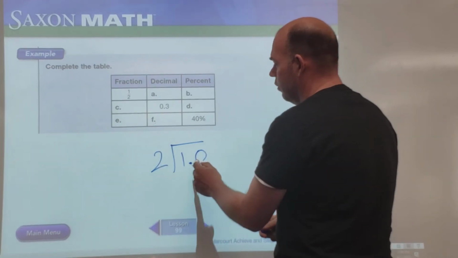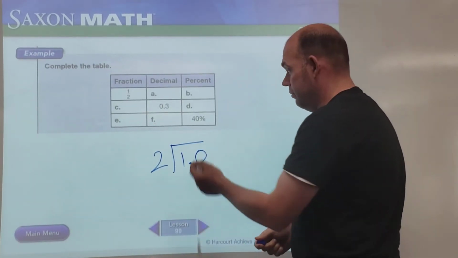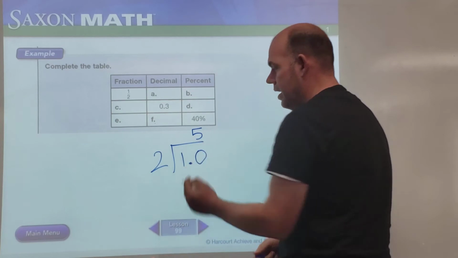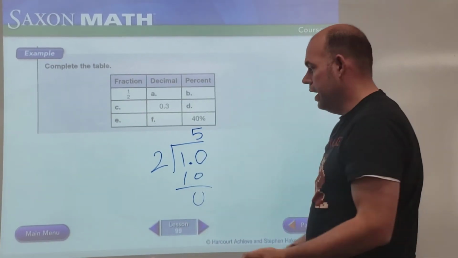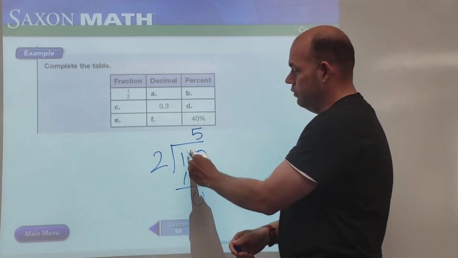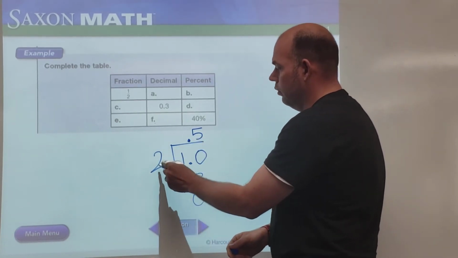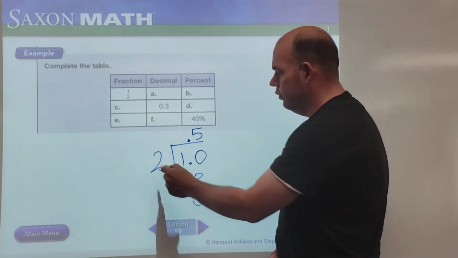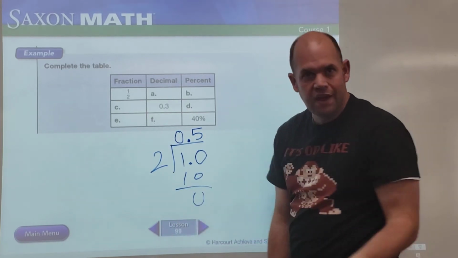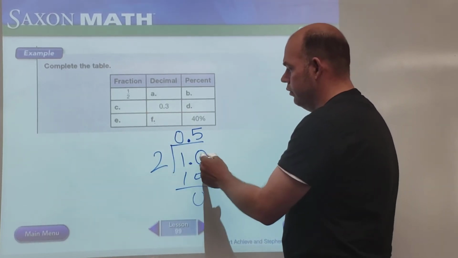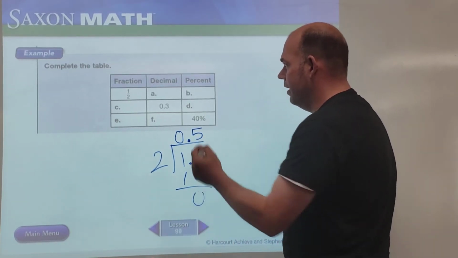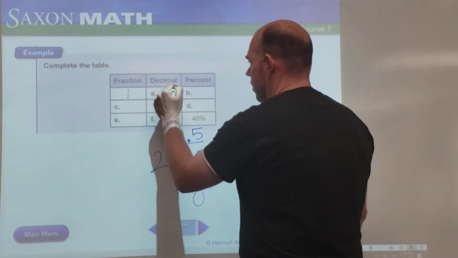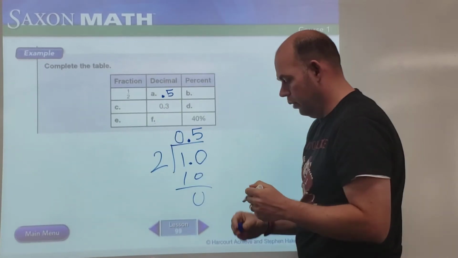Now we can say 2 goes into 10 5 times, which equals 10, and we have no remainder. Now remember, if we put the decimal down here, we have to go straight up with it. Technically what I could have done is 2 goes into 1 0 times, so we would have had a 0 there, and then 2 goes into 10 5 times. We keep it even, and then we get 0.5. So now we have the answer here, 1/2 equals 0.5.